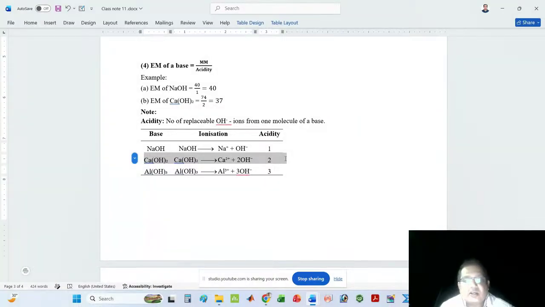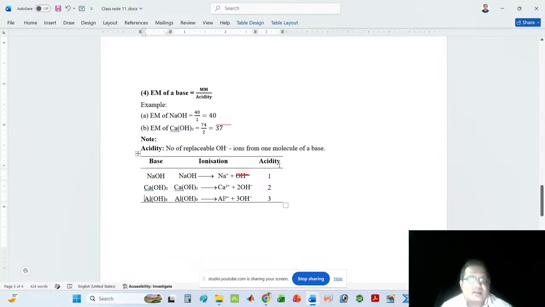So here 2OH ions are removed, so the acidity is 2. Aluminum hydroxide also gives 3OH ions, so the acidity is 3.